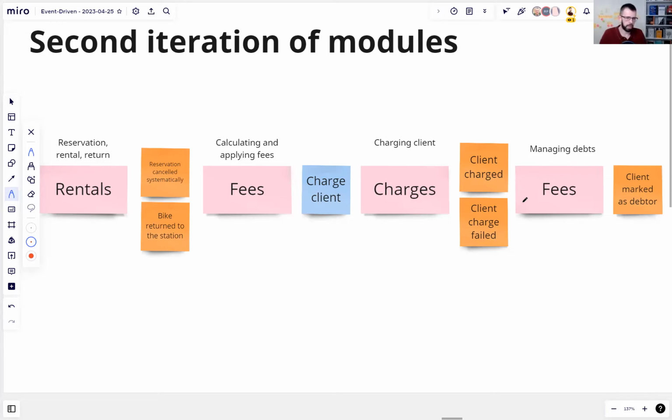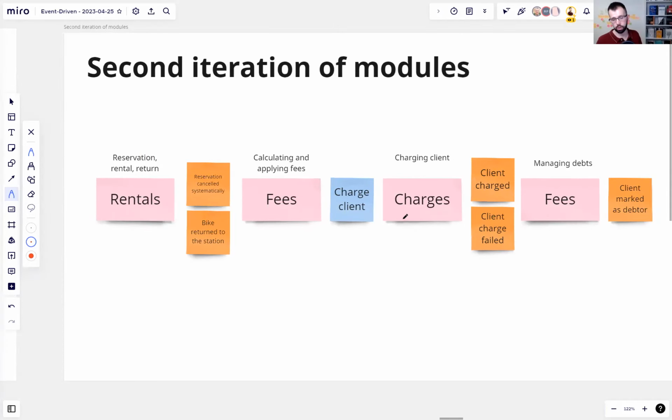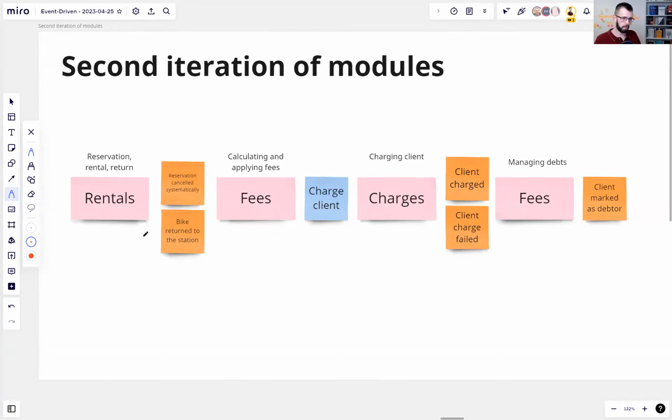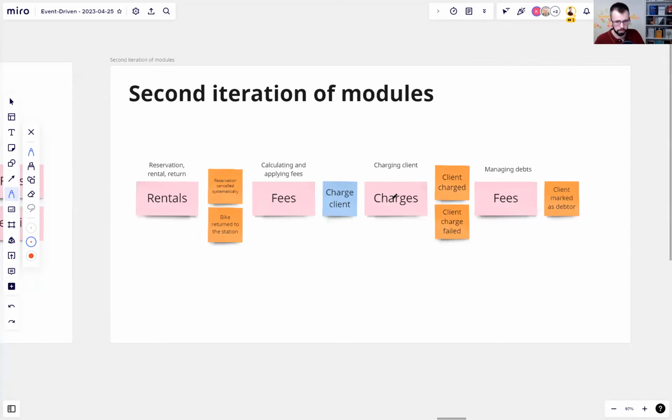But for the sake of this presentation, this workshop, it's just simple as that. So we have modules that communicate differently, both by events and commands between each other, and manage a single part of the bigger business area inside of the system.